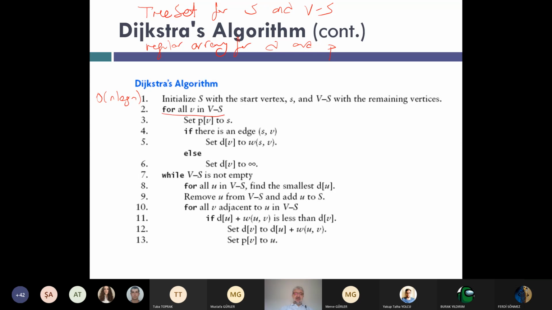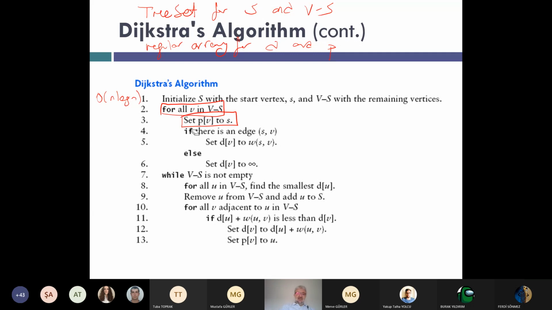So for all vertex, actually for all vertex means we iterate from 0 to n minus 1, which doesn't include S, of course. S is one of them, so we can skip that.